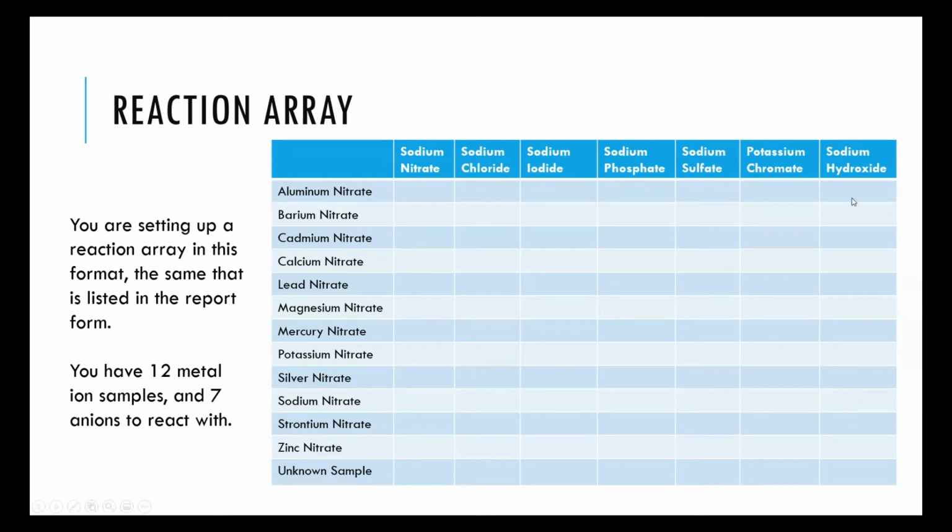So in the experiment, you're really making a full 96 well plate, all of these different combinations, and you're recording your observations throughout this experiment and determining which of these different metal ions precipitate more and are more reactive and therefore less soluble, and which ones barely precipitate at all or not at all, meaning they're very soluble and not very reactive.